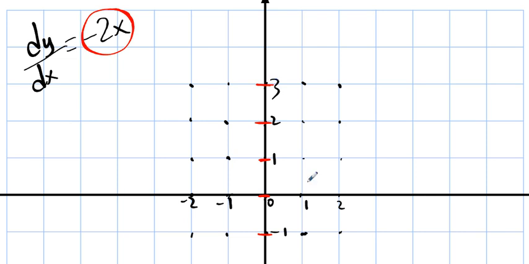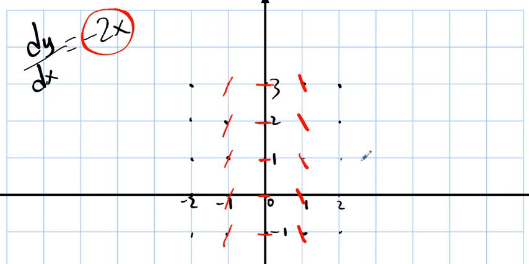When I take a look at all of the places where x is 1, well, negative 2 times 1 is negative 2, so all of these lines will have slope negative 2. Similarly here, all of the slopes are positive 2 over here.